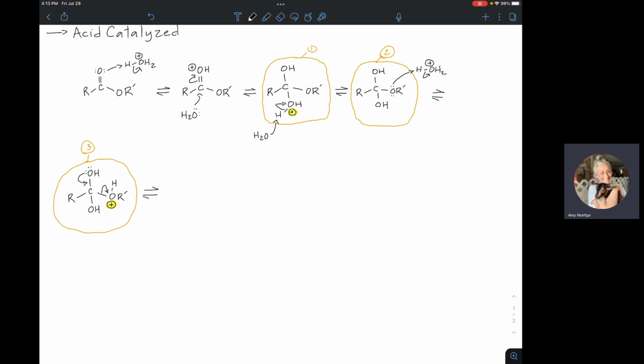And what you get is your carbonyl back again. Draw that just a little bit more suggestively because we're going to be taking that off. Move the hydroxyl group up there. And then this alcohol that we kicked off, R prime OH.